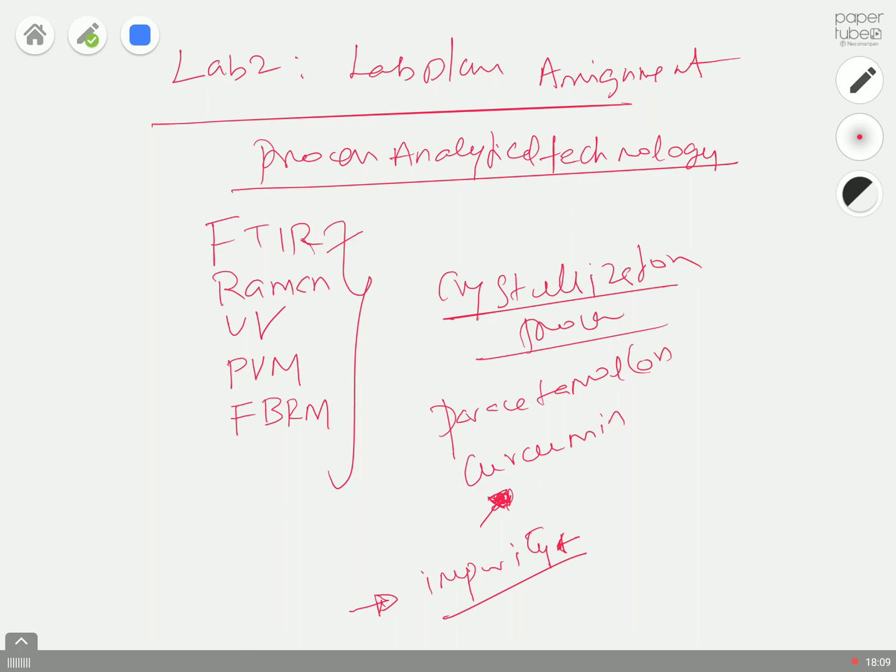And as I said, PAT is not about just using these tools, getting some spectra, and then converting that spectra into concentration. PAT is also about helping you make something reproducible. That's the key behind PAT. Normally in pharmaceutical industries, if you manufacture some product, they always have this problem again and again.